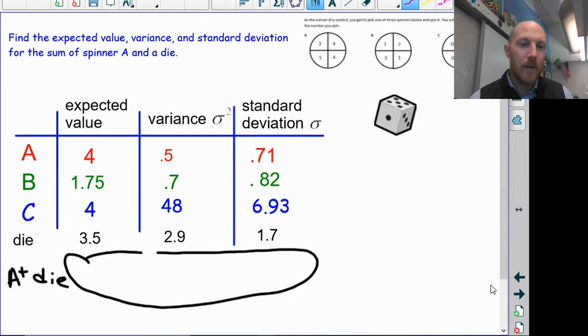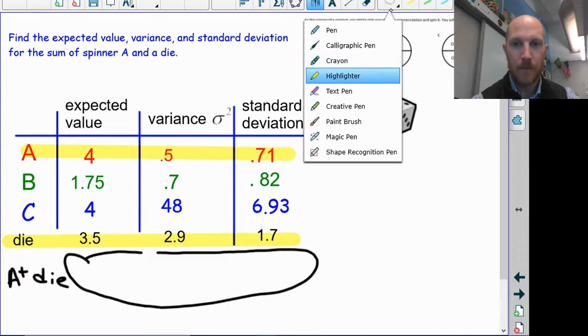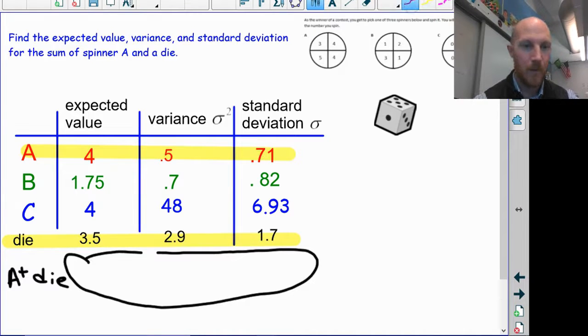Next example, same idea. So there's that same table of results that we have calculated to previous problems over the last several days. This time, we're going to combine spinner A and rolling a standard six-sided die. All right, well, so to find the expected value or the mean, I can just add. So 4 plus 3.5, that's 7.5. To get the variance, 0.5 and 2.9, I can just add those.